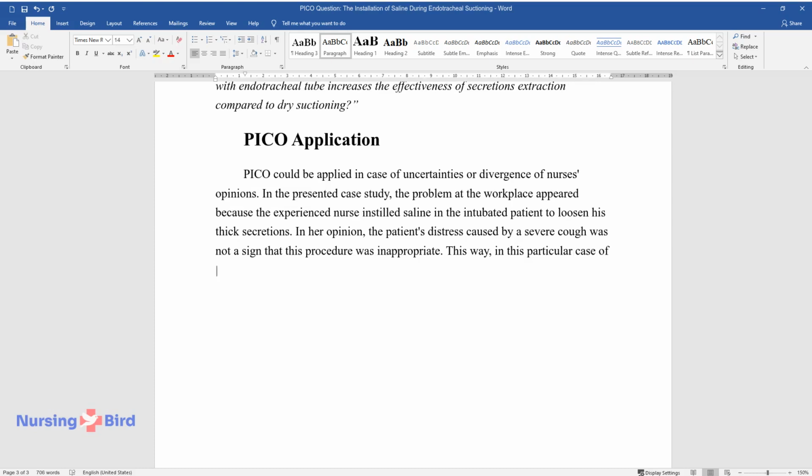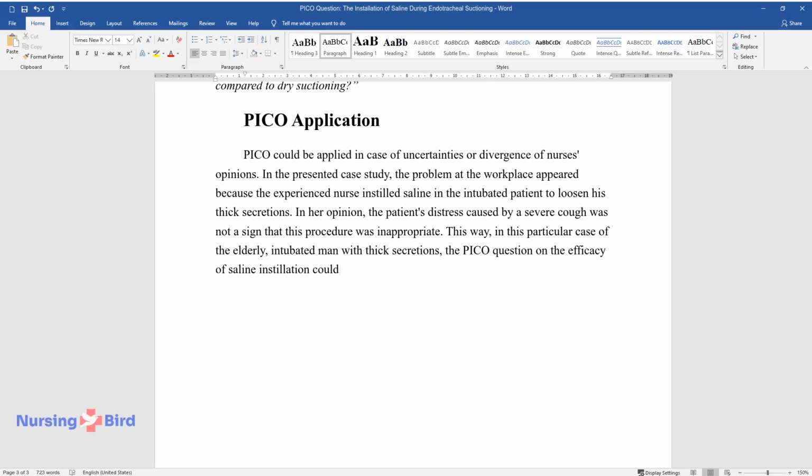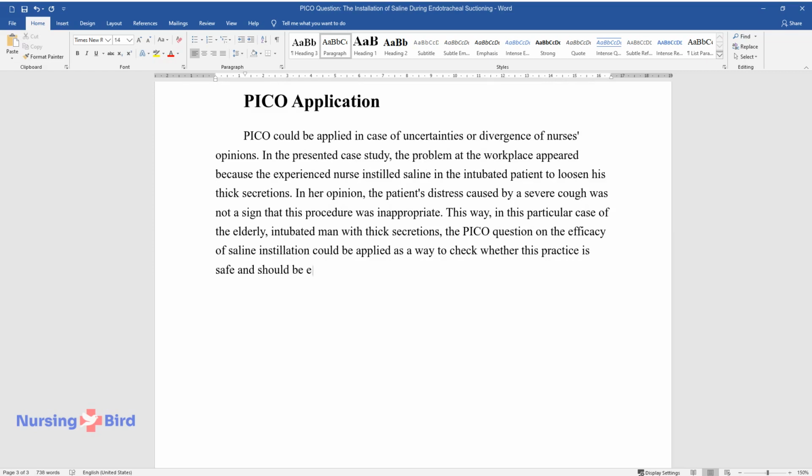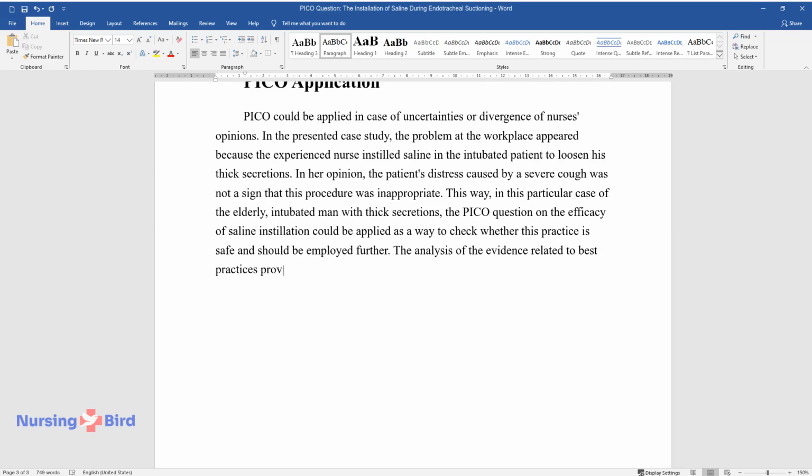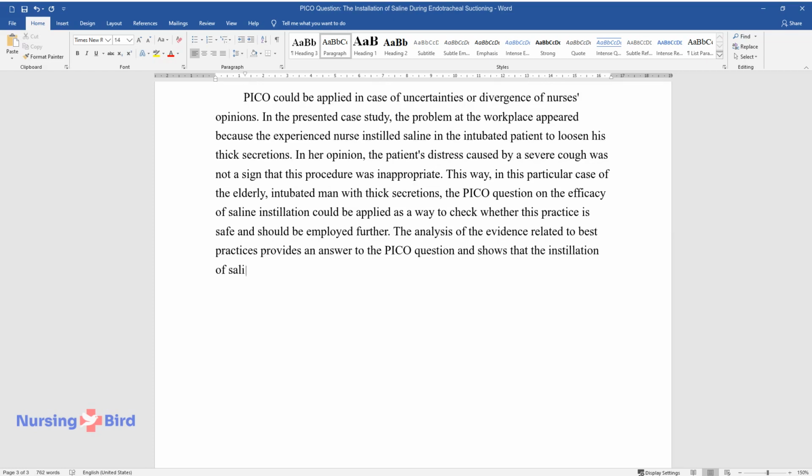This way, in this particular case of the elderly, intubated man with thick secretions, the PICO question on the efficacy of saline instillation could be applied as a way to check whether this practice is safe and should be employed further. The analysis of the evidence related to best practices provides an answer to the PICO question and shows that the instillation of saline is an ineffective and harmful technique with numerous side effects.